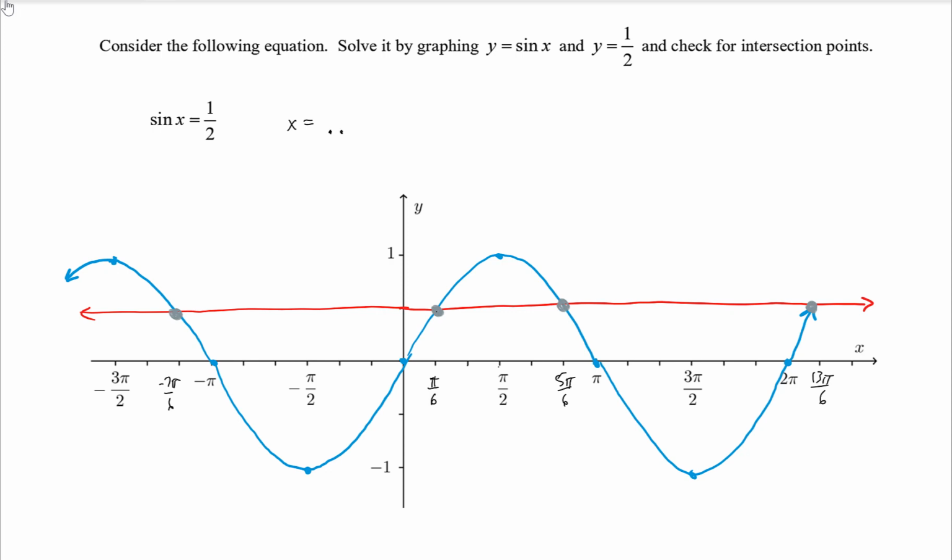So as of right now, I can see -7 pi over 6. I can see pi over 6. I can see 5 pi over 6. I can see 13 pi over 6. But there's a whole bunch of answers. There are an infinite number of solutions.